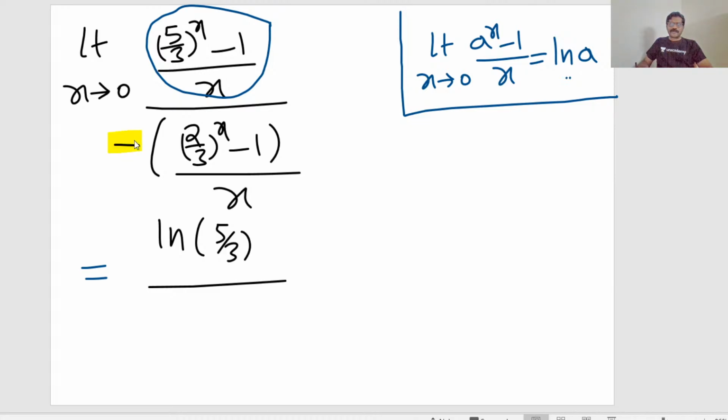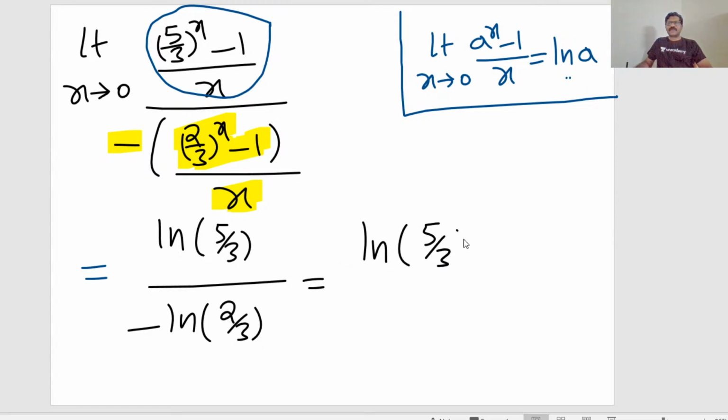Denominator, minus ((2 by 3) power x minus 1) by x is minus log 2 by 3. That is log 5 by 3 by log 3 by 2.